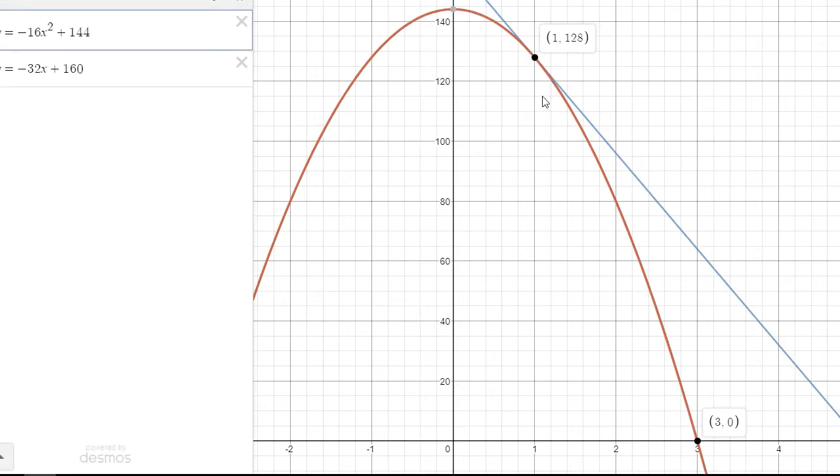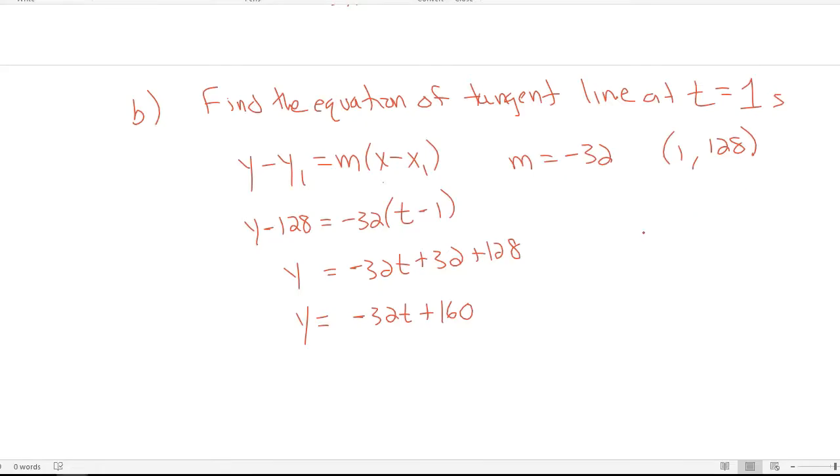Now remember, the slope of this tangent line being -32, that interpretation was the instantaneous rate of change, my instantaneous velocity. That was -32. That was the slope of our tangent line. So the 32 is telling me the speed: 32 feet per second is the speed. And then the negative shows that the rock is falling, so I have a direction heading down.